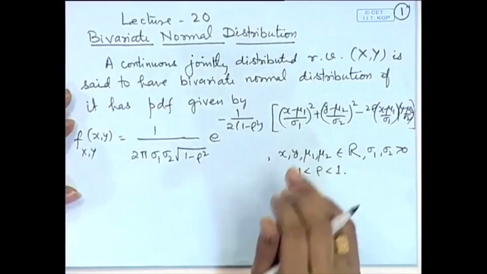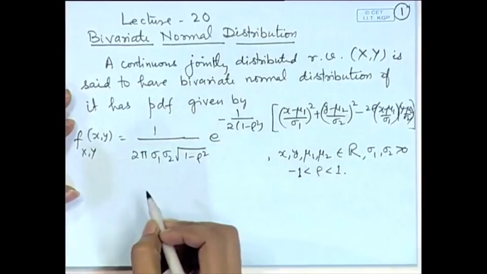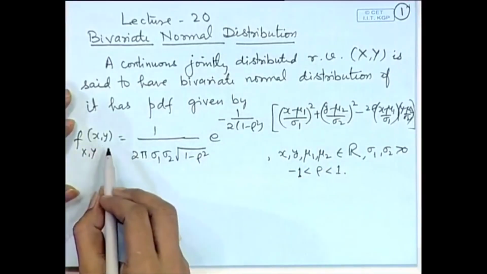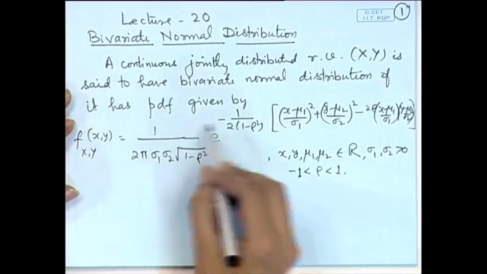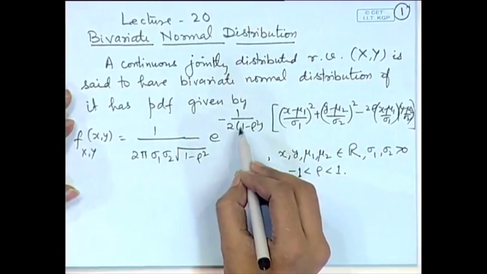So, first of all we look at what the marginal distributions and the conditional distributions are, and the overall structure of this bivariate normal distribution we would like to study. Suppose we want to find out the marginal distribution of x. In that case, we need to integrate this joint distribution with respect to y.